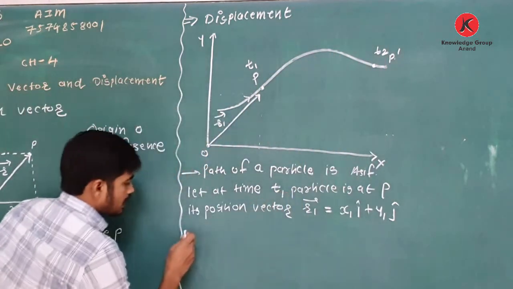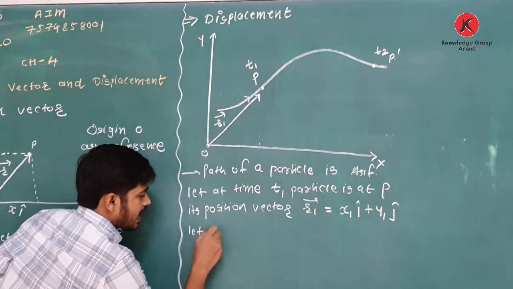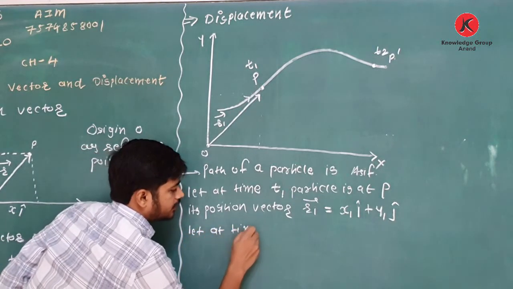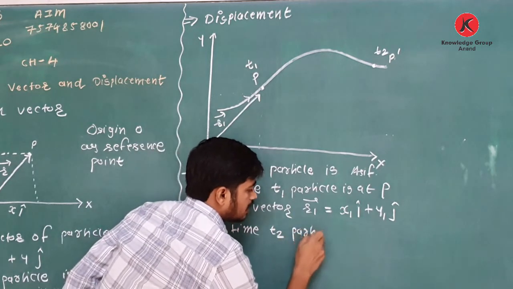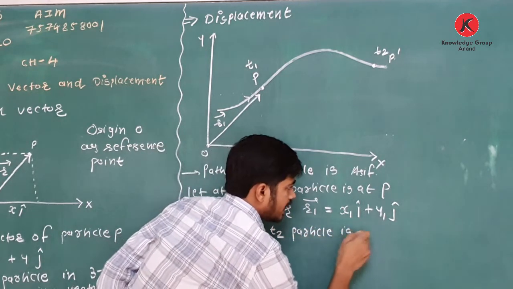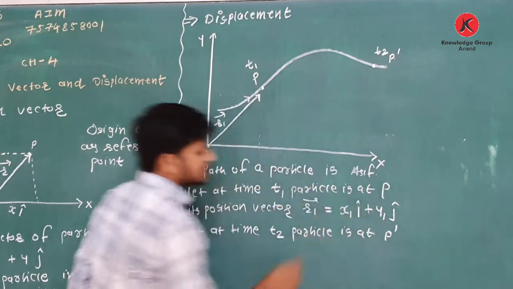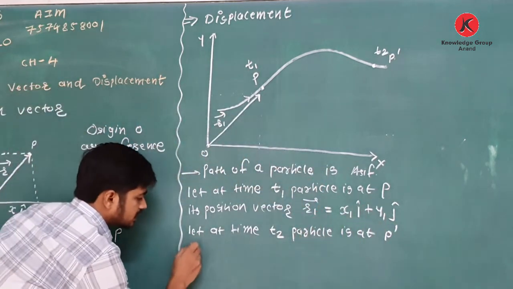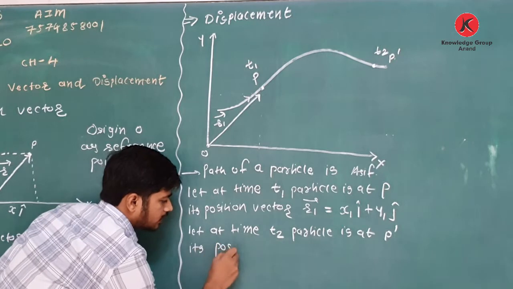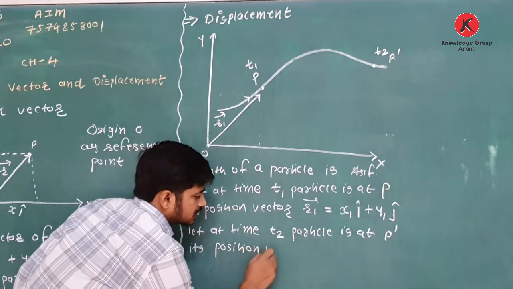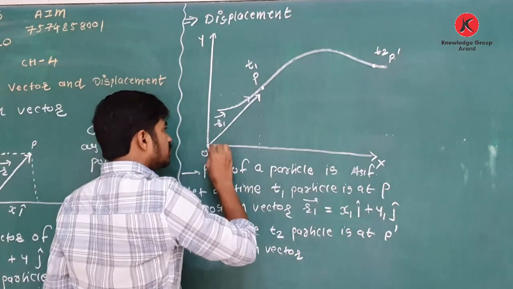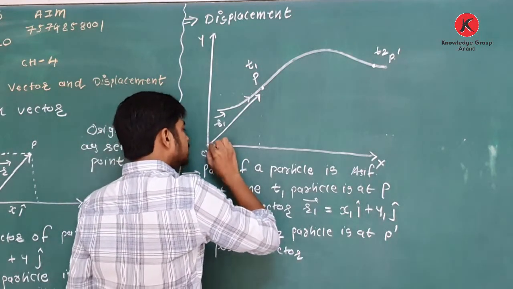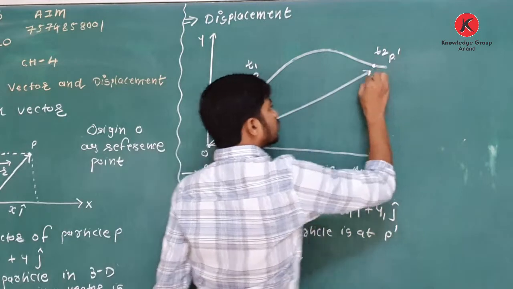Let at time t2 the particle be at P dash. First of all, we will draw its position vector: from the origin to point P dash, draw one vector, one arrow.